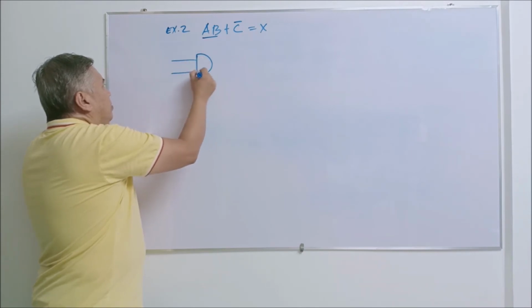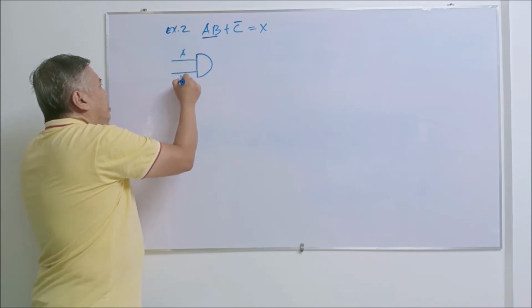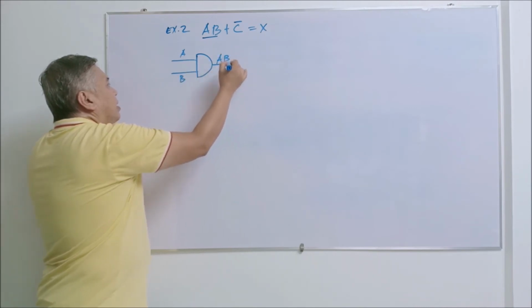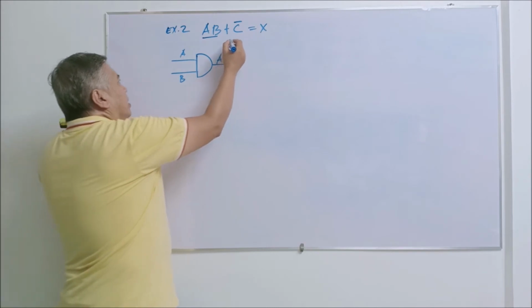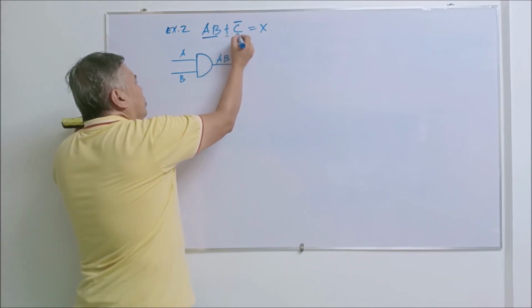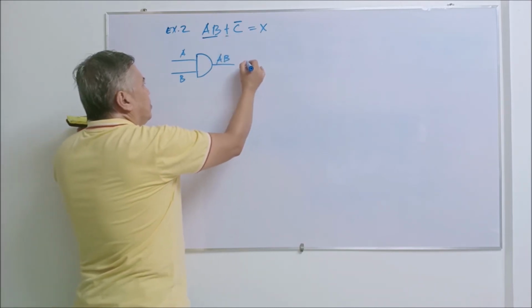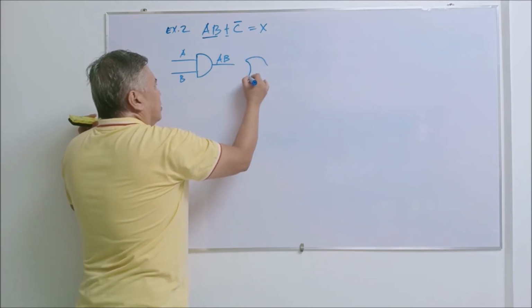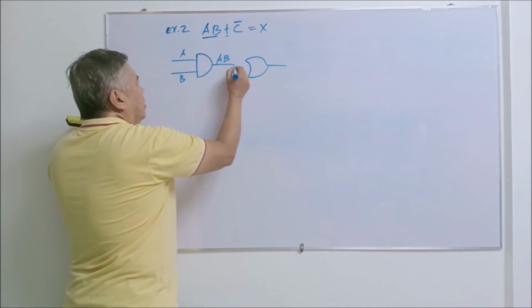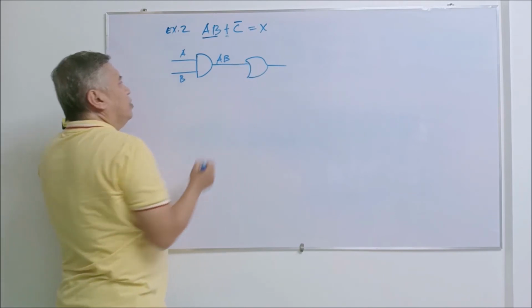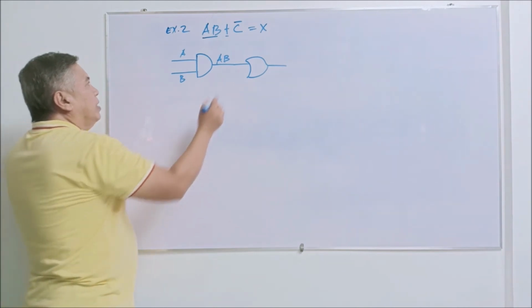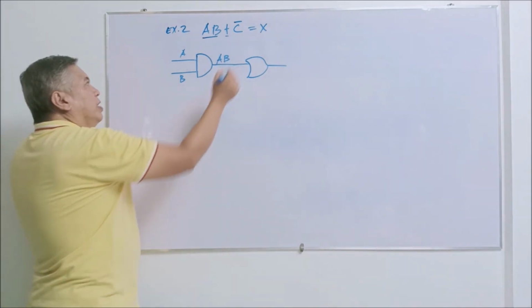You have inputs A, B, so the output here is AB. And then it is being ORed to C complement. So you draw an OR gate, and one of the inputs of your OR gate is AB, and the other input is your C complement.